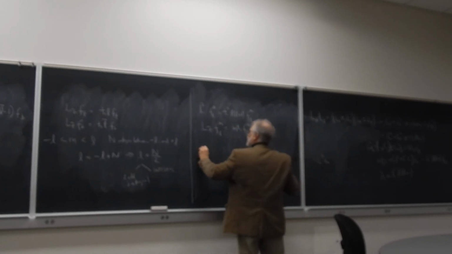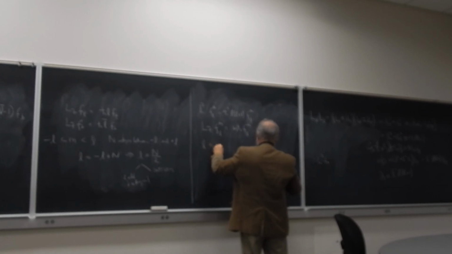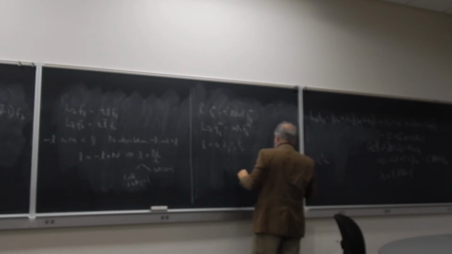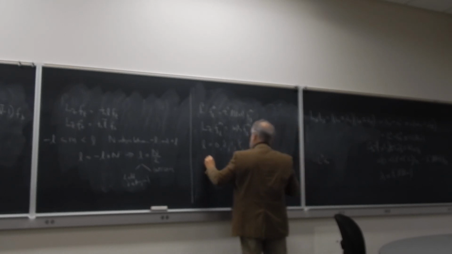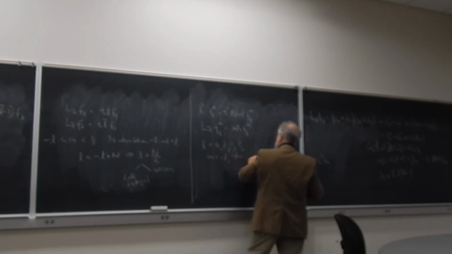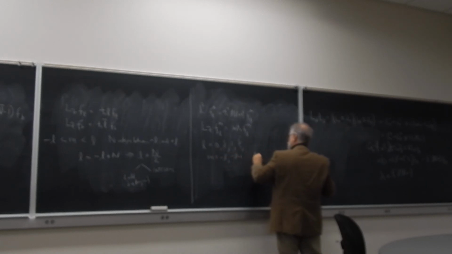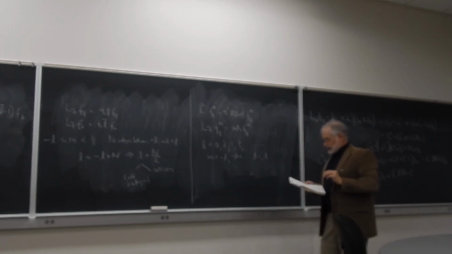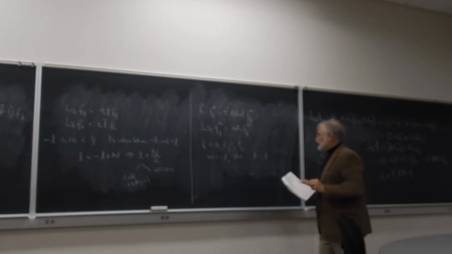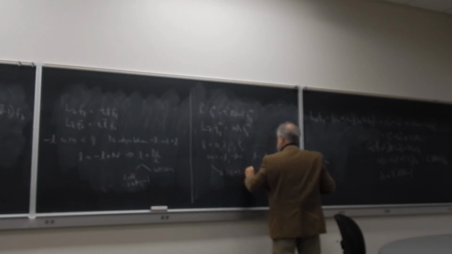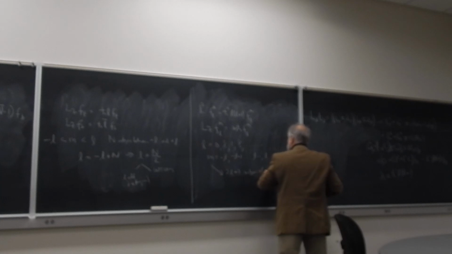And in this case, L can be equal to 0, 1/2, 1, 3/2, etc. m ranges from minus L plus 1 on up to L minus 1 and L. So for a given value of L, there are 2L plus 1 values of m.